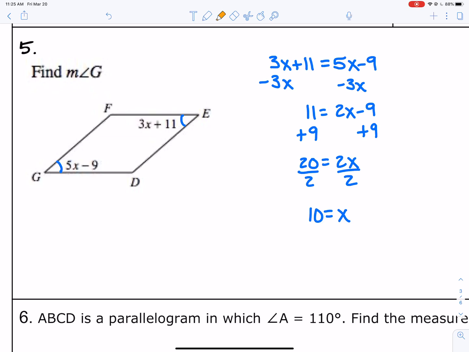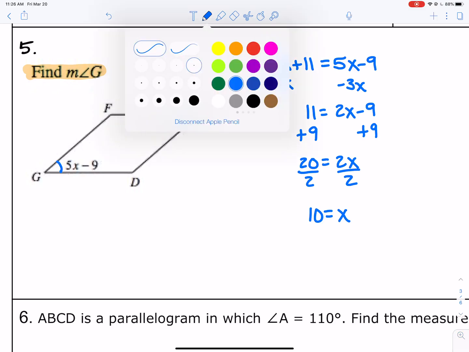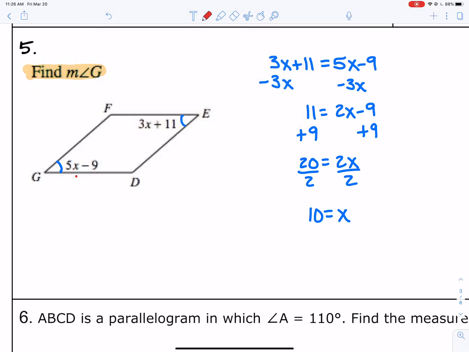But that is not the answer to the question because they asked you to find the measure. That's what that little m stands for, the measure of angle G. So you just need to plug it back in. Now really those are equal to each other, so it really doesn't matter which one you plug it back into. So since it asked for the measure of angle G, I'm just going to go ahead and say 5 times 10 minus 9.